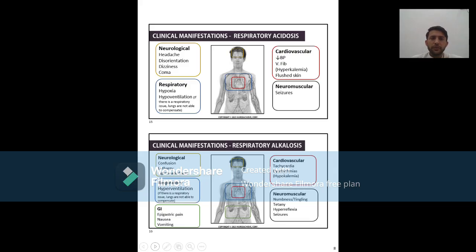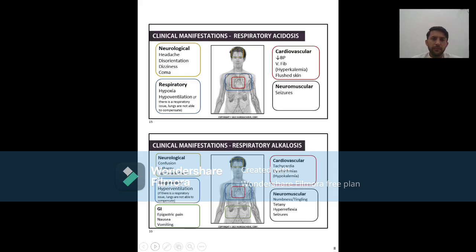For the clinical manifestations of respiratory alkalosis, neurological confusion is common in both respiratory acidosis and respiratory alkalosis. Lethargy is also common, as is light-headedness. In the respiratory system, hyperventilation is common. If there is a respiratory issue, the lungs are unable to compensate.